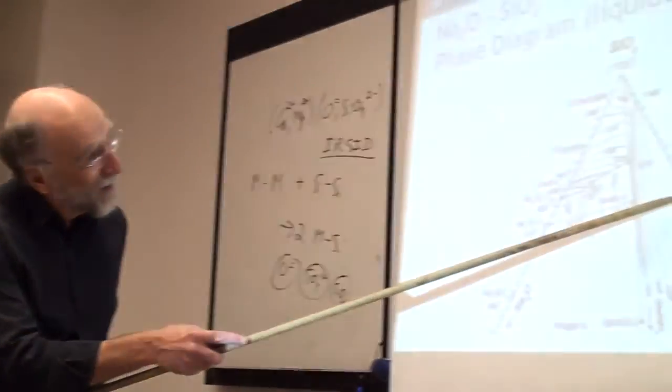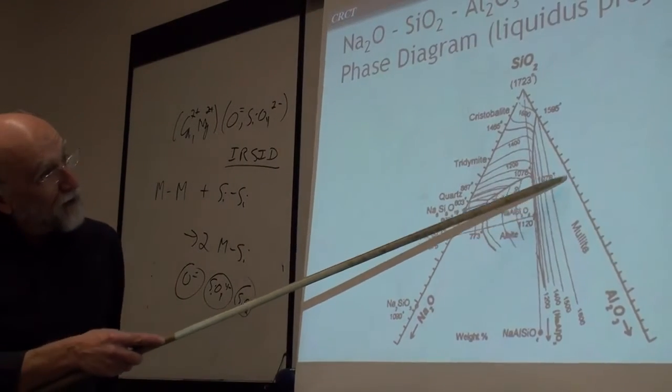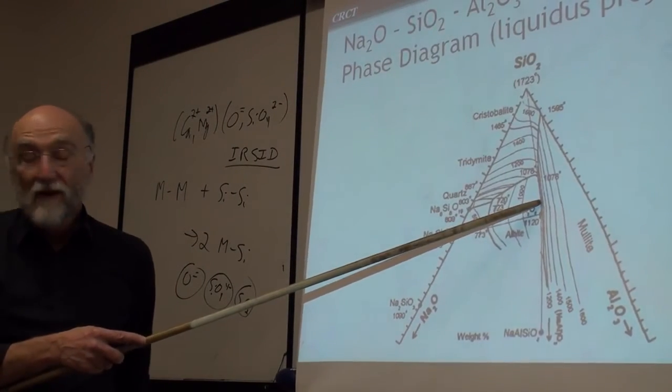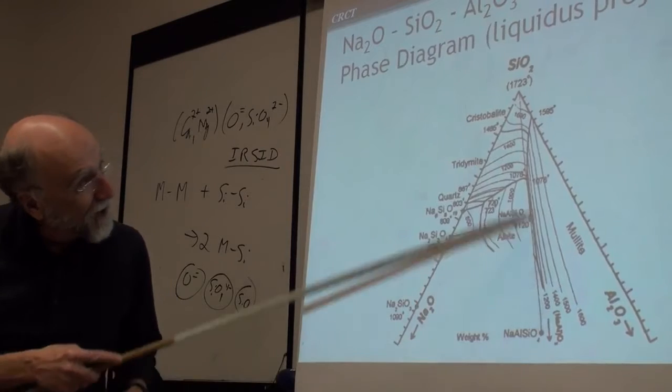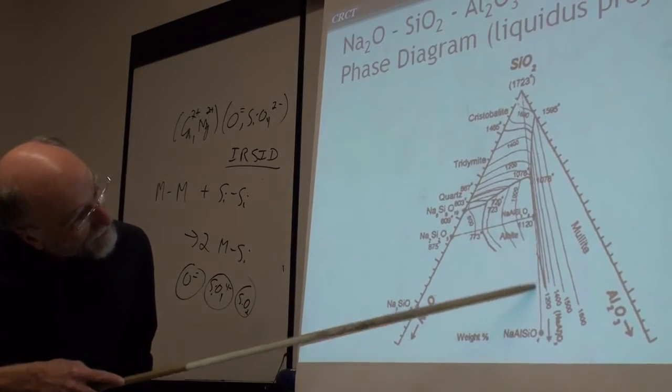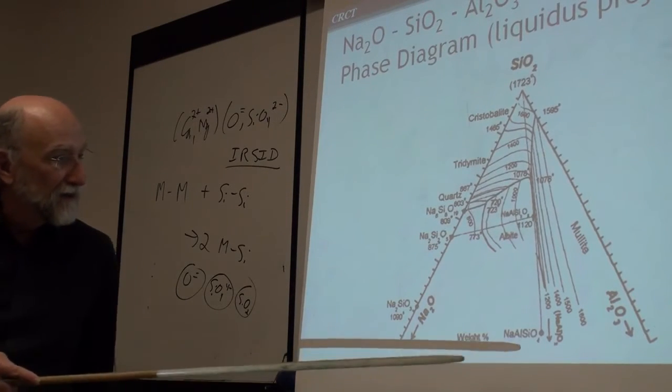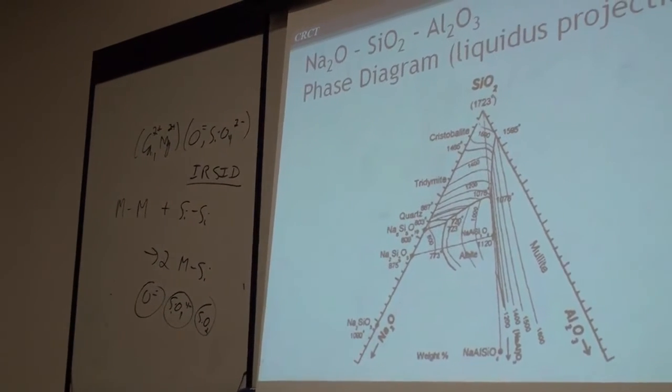So you see what's happening here. This goes down from 1900 degrees down to 1000 degrees over here. This line here goes down to NaAl.